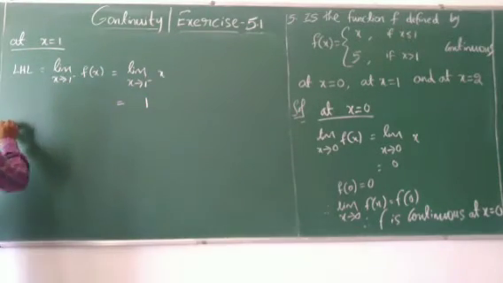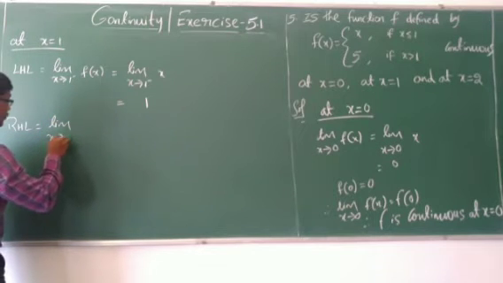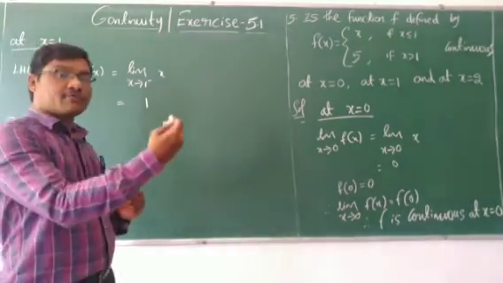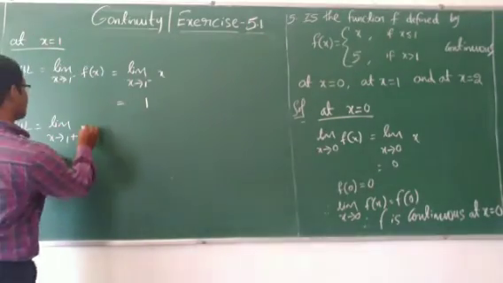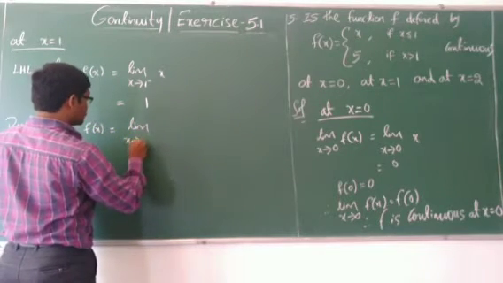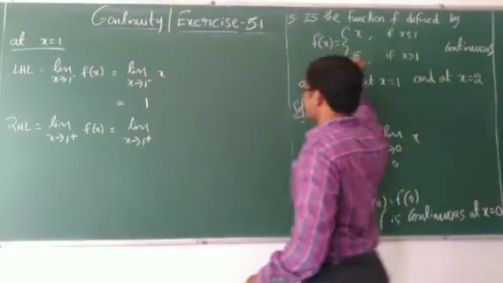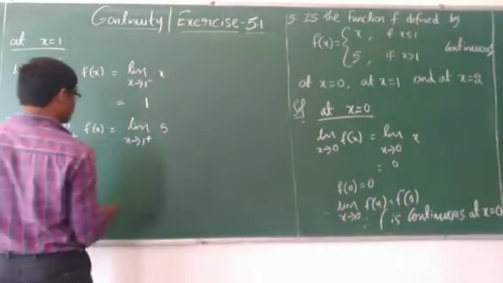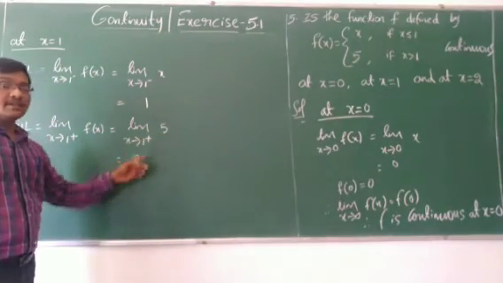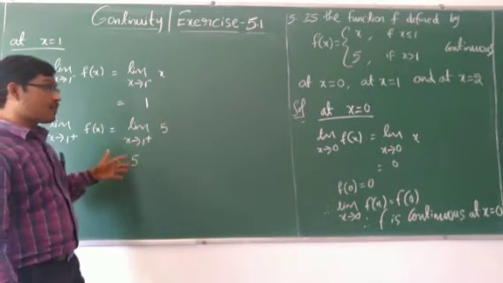Next, the right hand limit, x approaches 1 plus. 1 plus means it approaches 1 from the right side. So this will be equal to the limit as x approaches 1 plus, from the right hand side, that is greater than 1, where we have 5. So this is equal to 5. Limit of a constant is the constant itself. Now we observe the left hand and right hand limits are not equal.